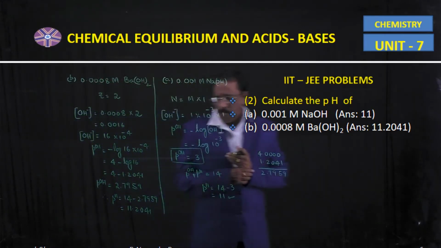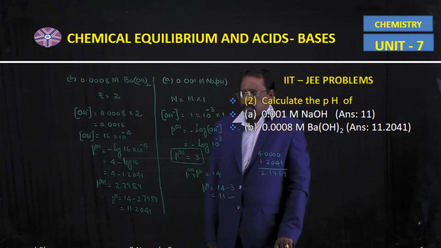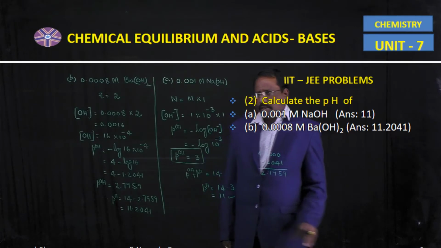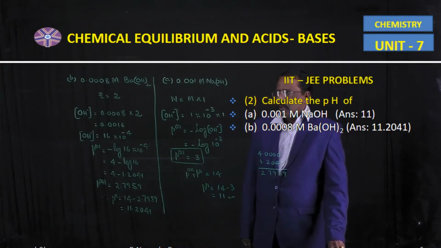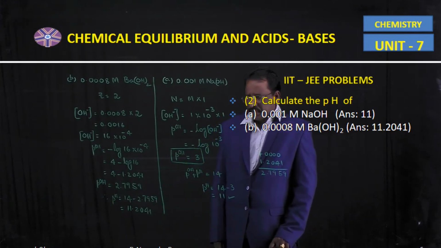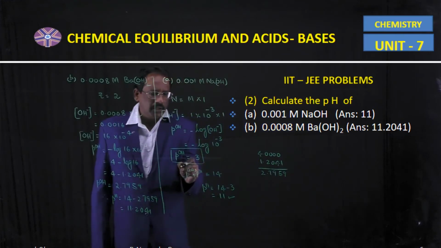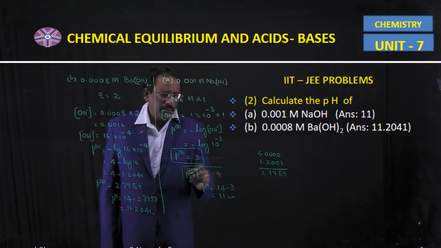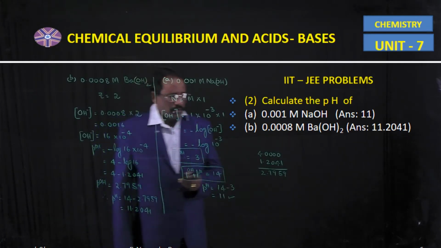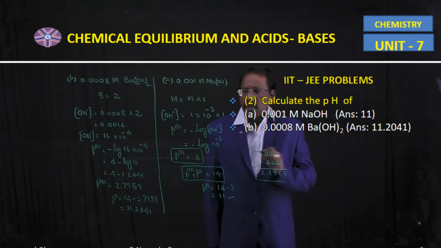So pH is equal to minus log H plus, POH is equal to minus log OH minus, and pH plus POH is equal to 14. So if you calculate POH of the solution, it is possible to calculate pH of that same solution also.